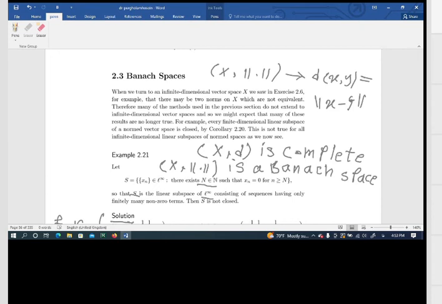This is a linear subspace of l infinity, and we can say that S is a Banach space.